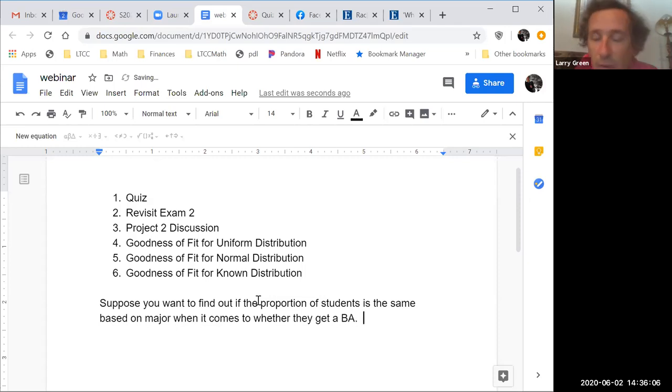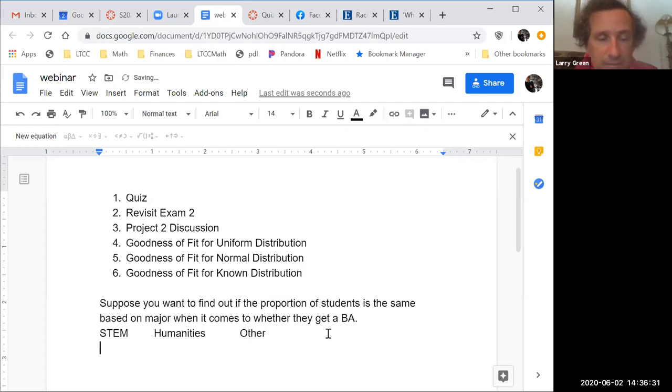So what we're going to do is survey a whole lot of students and find out what their major is. Let's suppose that we classify the majors as follows: STEM majors, humanities, and let's just go other.